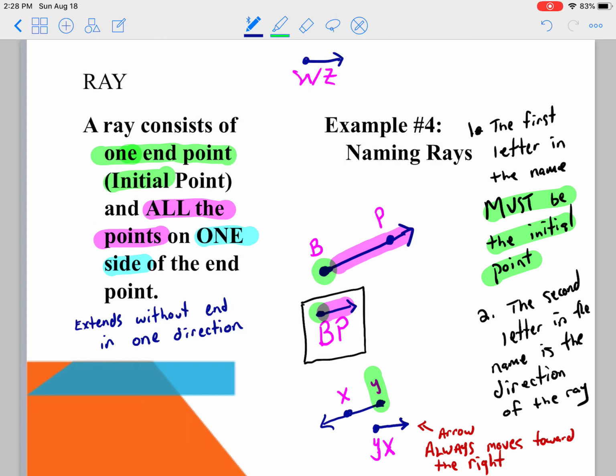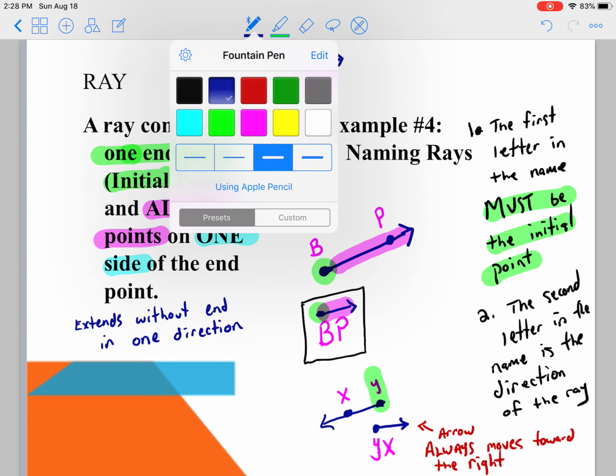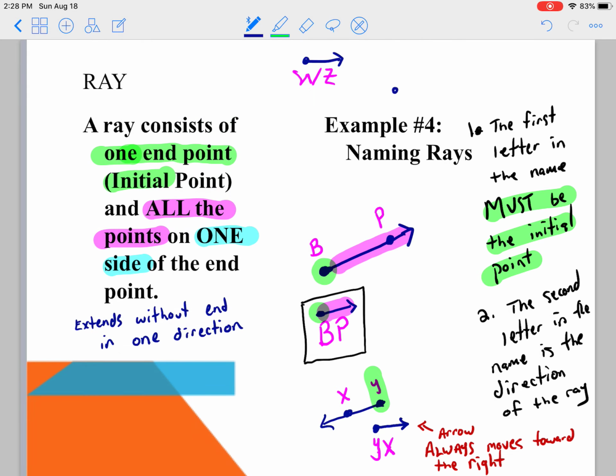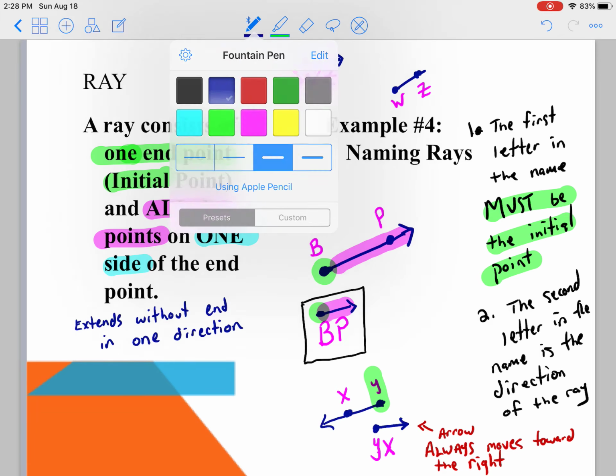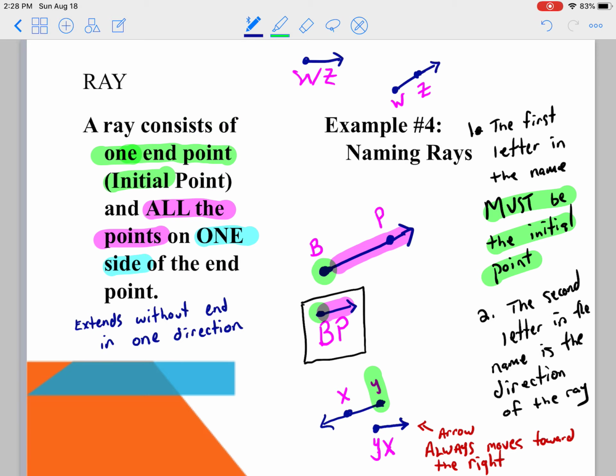If I'm given Ray WZ, first of all, I know that W is my initial point. I know that the ray is moving in the direction toward Z, and that it goes forever in that direction.